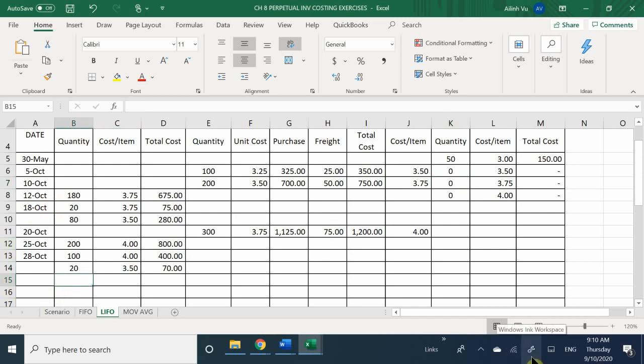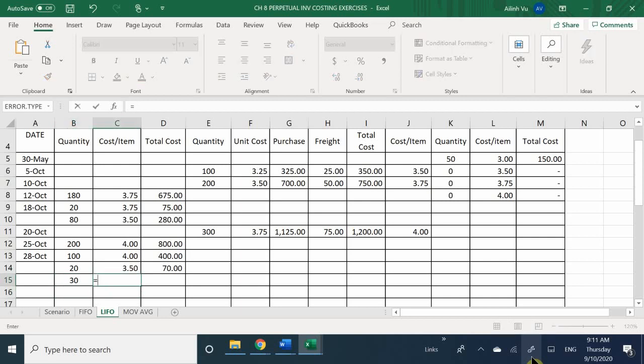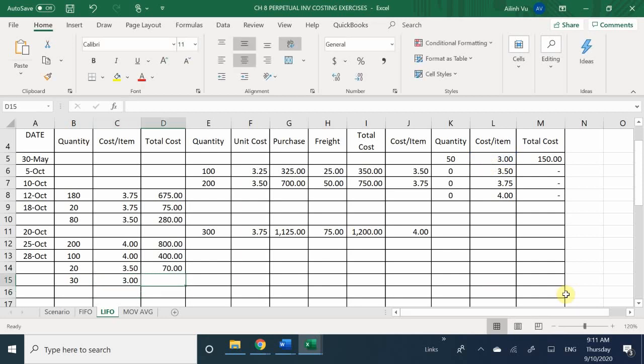So how many more items do we need to sell? 30. Yes. All right. At how much? $3 even, which gives us a grand total of what? $90.